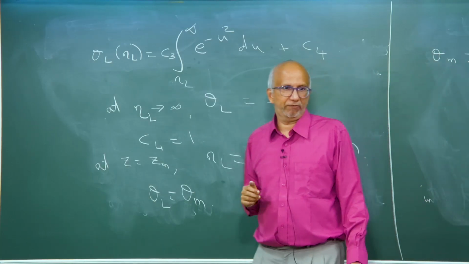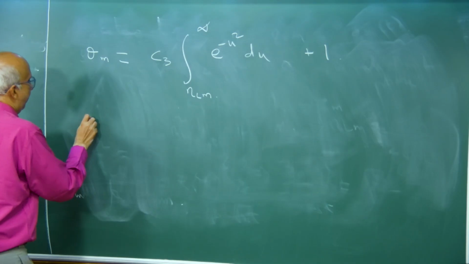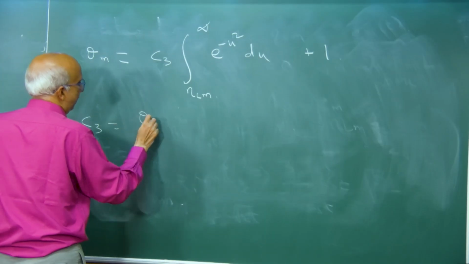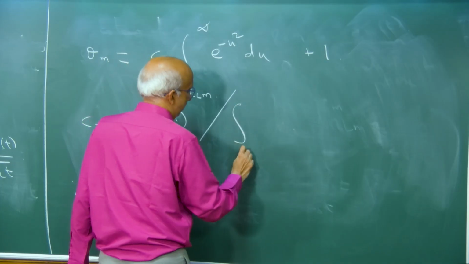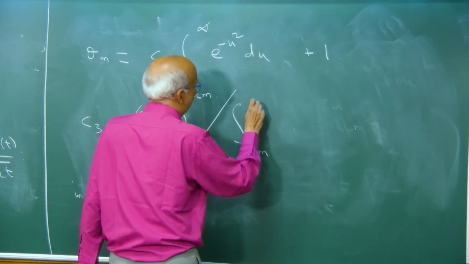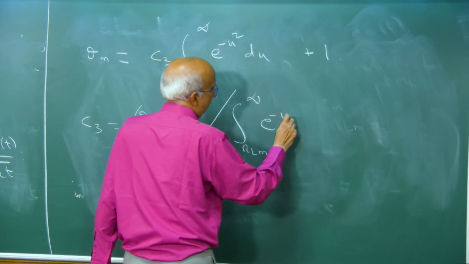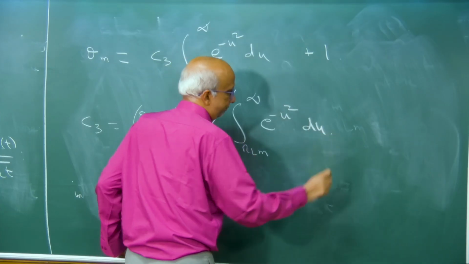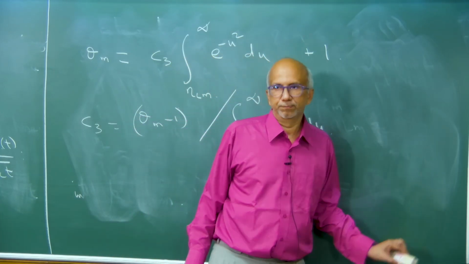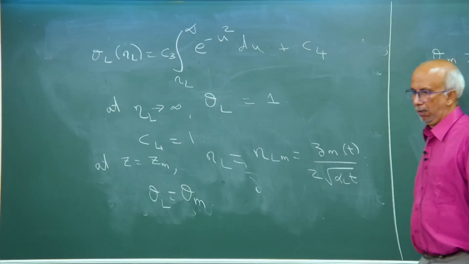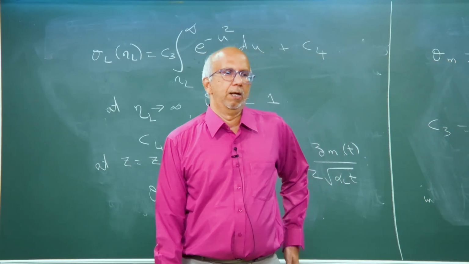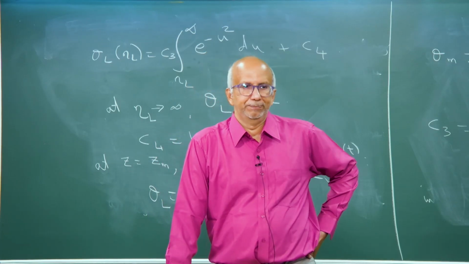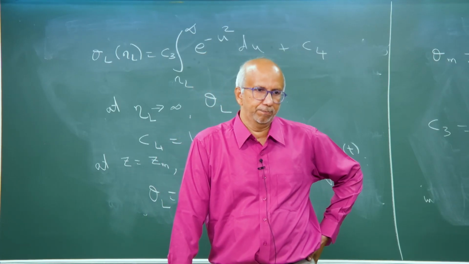So, you can find C3, and C3 will be theta m minus 1 divided by the integral from eta Lm to infinity of e power minus u squared du. So, basically I found all my constants and I know my temperature profile.